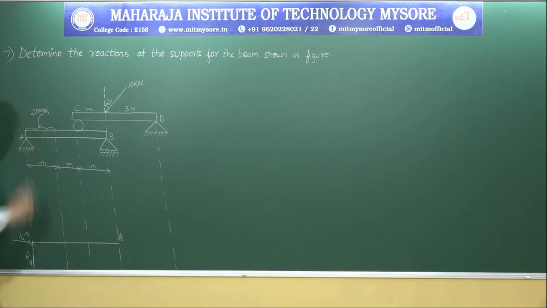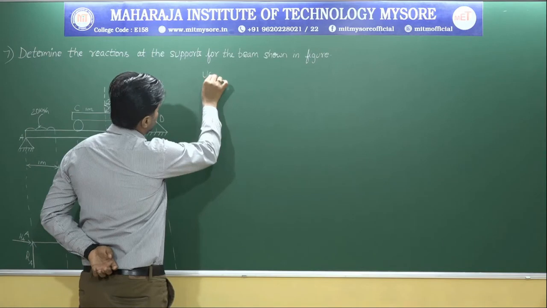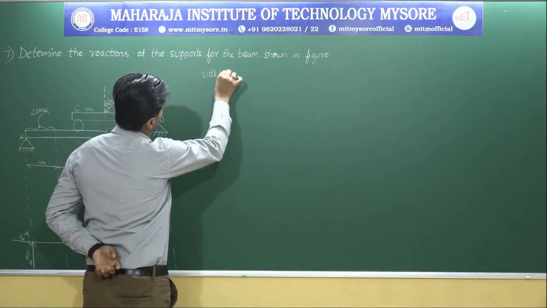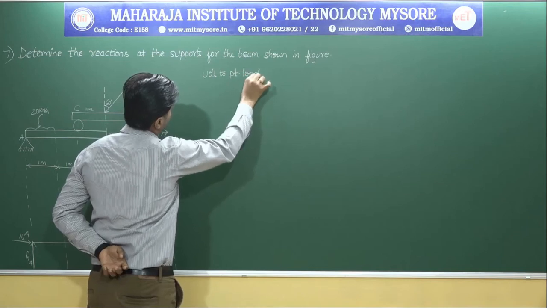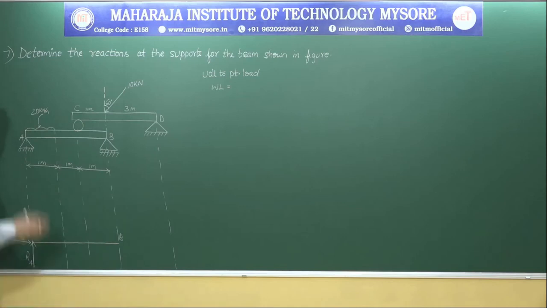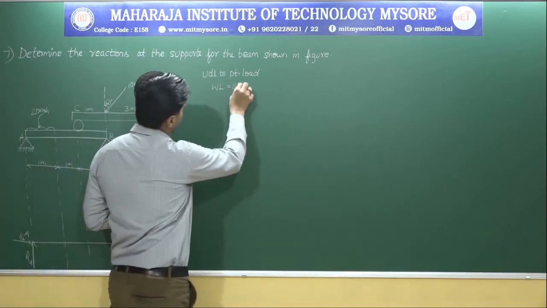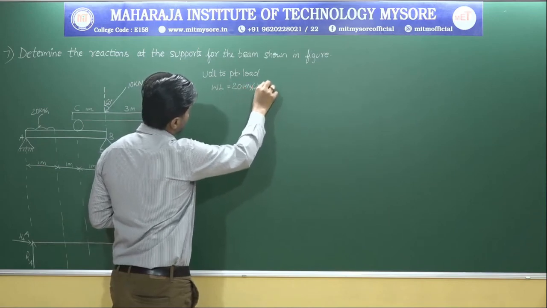Next we are having a UDL load. So how to convert the UDL to point load? It's W into L. What is the value of W? It's 20 kilonewton per meter. And what is the span over which it has been distributed? 1 meter.